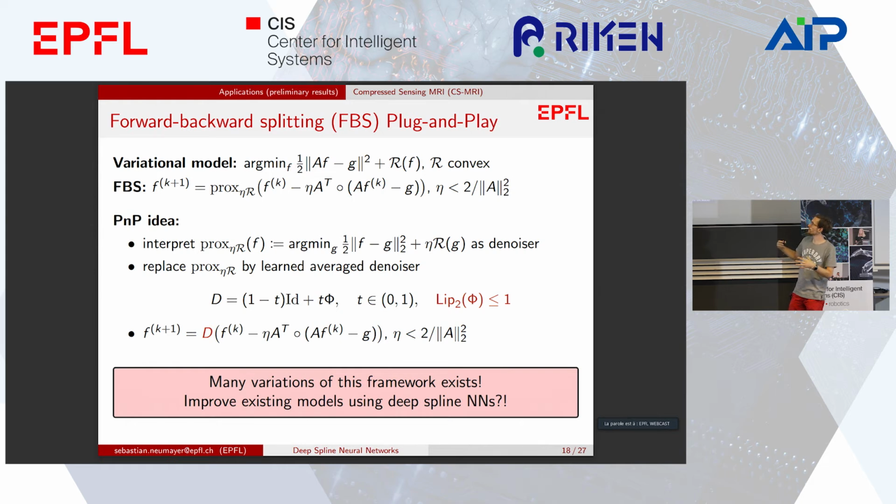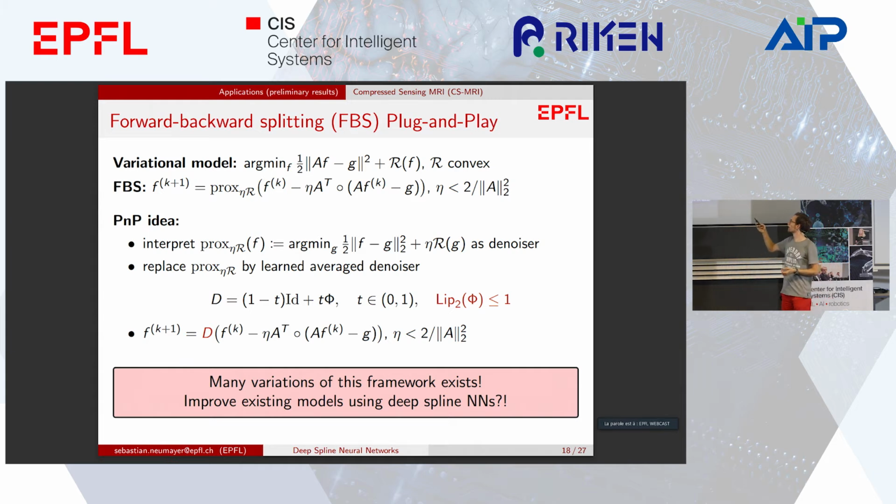In some sense, this proximal operator is a generalized projection. You do a gradient step on your data term, and then you project back into the space of nice functions. The plug-and-play idea is to interpret this proximal operator as a denoising problem under some regularizer. Based on this interpretation, we can learn really good denoisers, so why not plug in a denoiser?